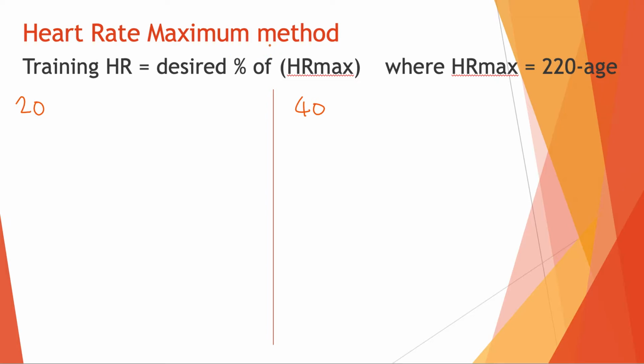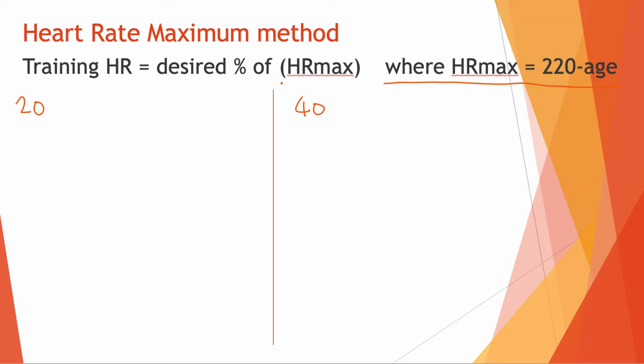The heart rate max method uses this equation. Training heart rate is equal to the desired percentage of the maximum heart rate, where maximum heart rate is equal to 220 minus age. Now this is something that's really important to remember. It's a well-used rule of thumb to say that an individual's maximum heart rate is equal to 220 minus their age. So let's work through this equation.